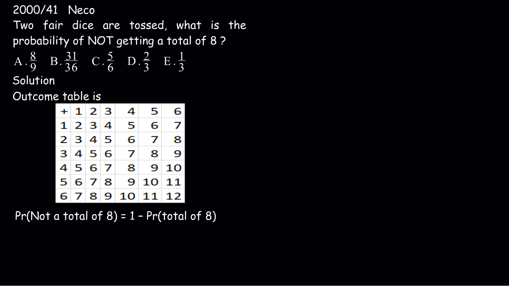From our table, the number of outcomes that give 8 is 5, and our total outcome is 36. Now the probability of getting 8 will be 5 over 36. So therefore, the probability of getting a total not 8 will be equal to 1 minus 5 over 36, which is equal to 31 over 36.